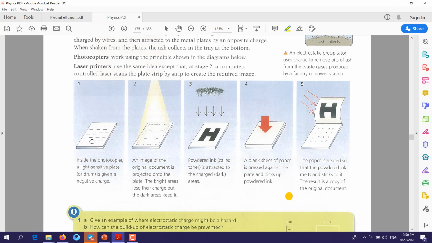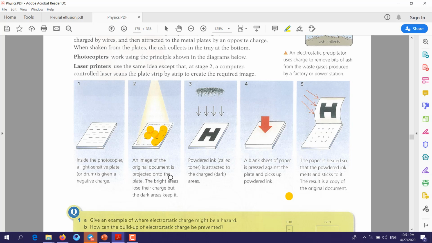So now you have this plate with a negative charge. Then an image of the original document is projected onto the plate. Firstly all of it was negative charge, but if you focus here, the negative charge forms the letter H.